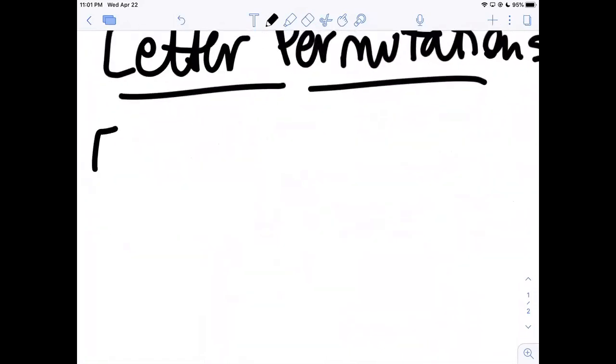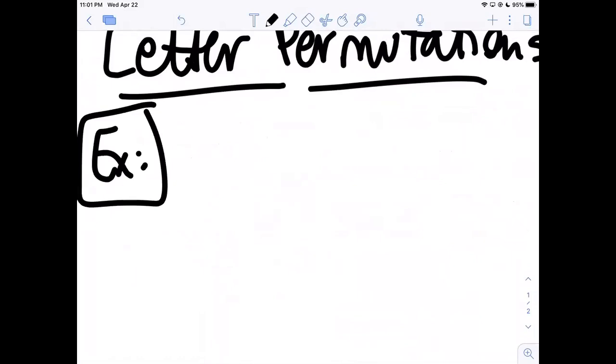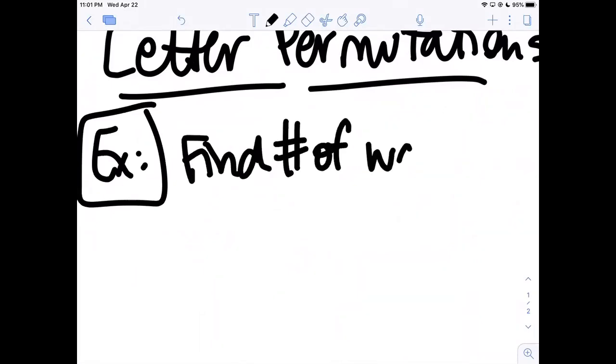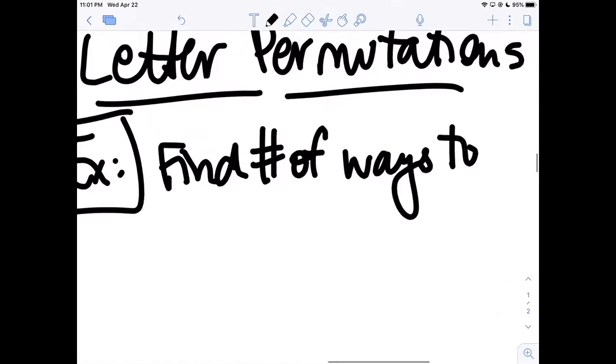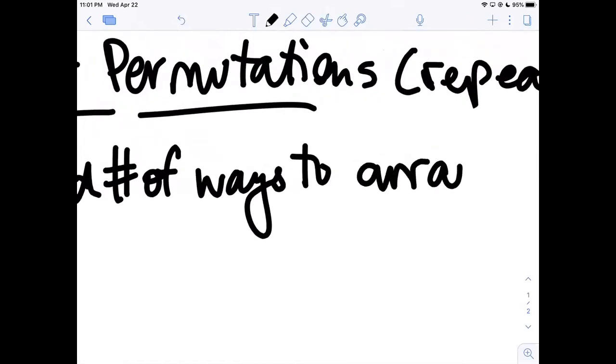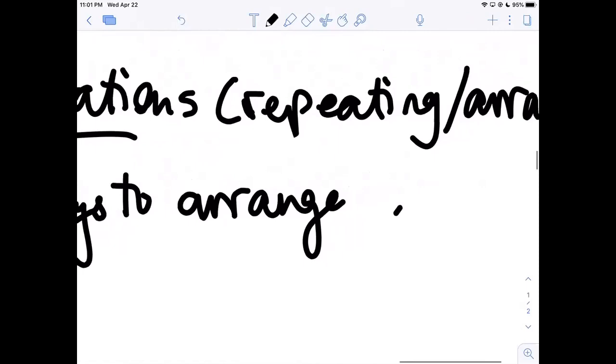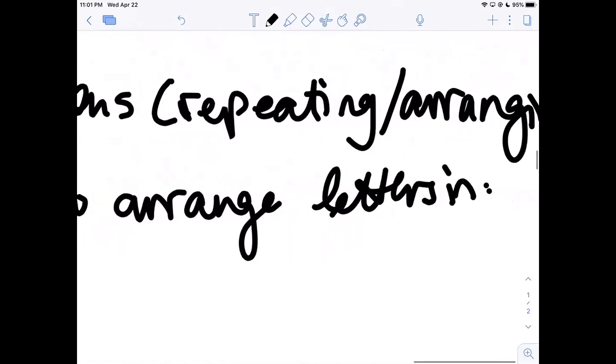So I could give you an example that just says, find the number of ways to arrange the letters in these words. And so we'll start easy.